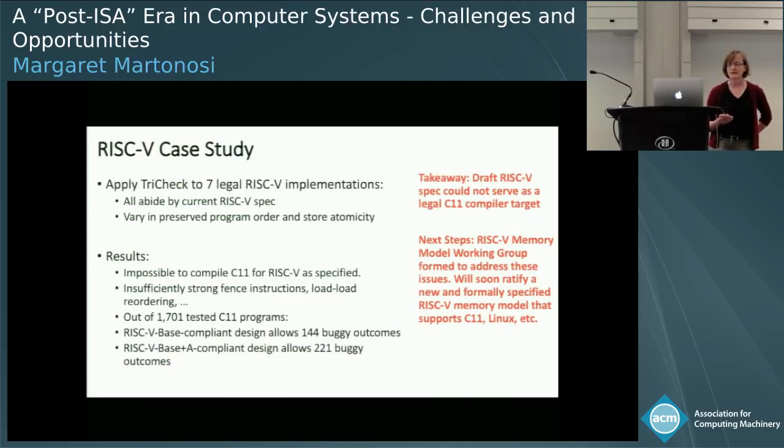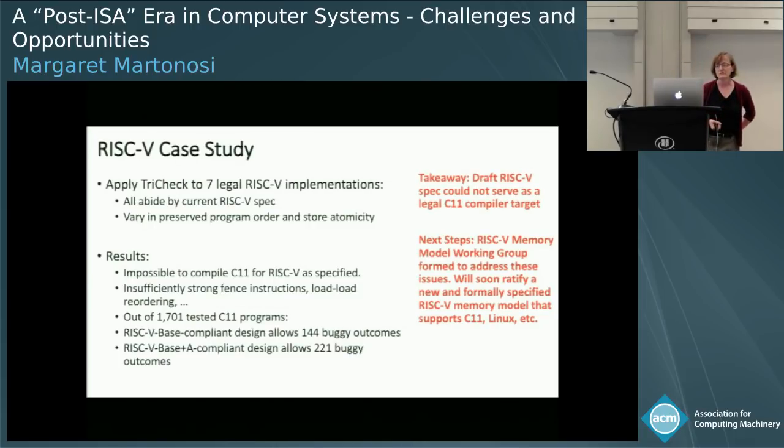They abide by the spec, or the draft spec at that time, but they varied in how they were implemented. Some in-order pipelines, some out-of-order pipelines, with a write buffer, without a write buffer, and so forth. Then we did the full TriCheck mapping from high-level C litmus tests through compiler mappings and down to these 7 different hardware options.